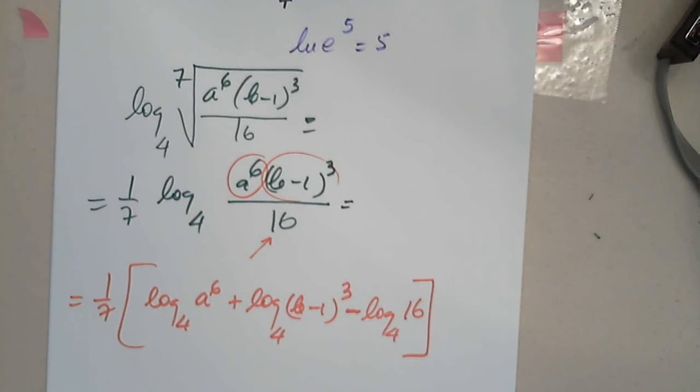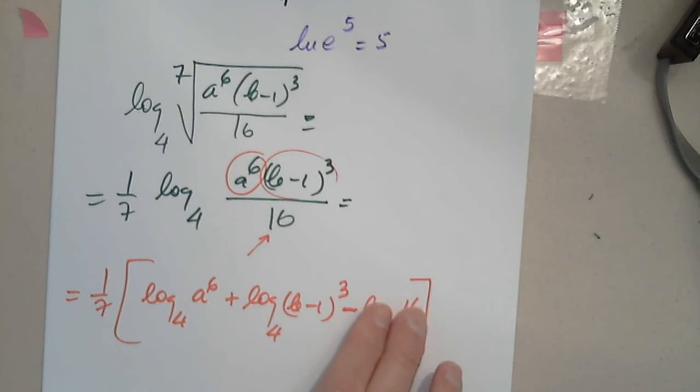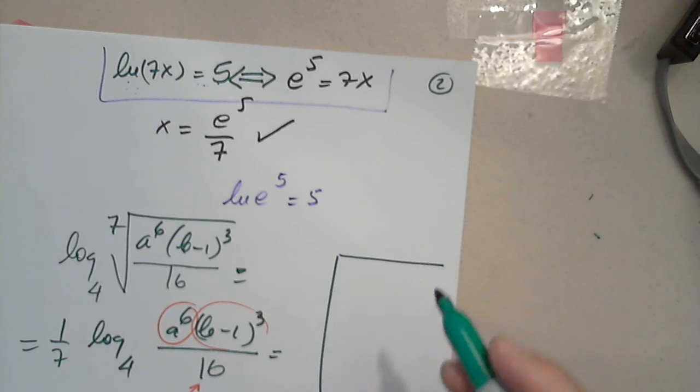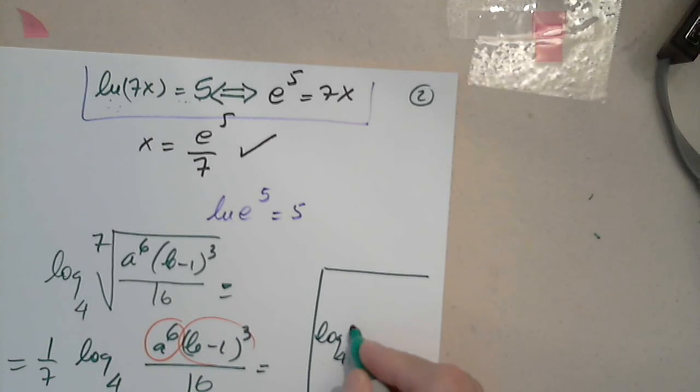Okay. In the next step, we have to deal with the powers, but also calculate this. So we're going to start by calculating this first, on the side. Log base 4 of 16 is a number.